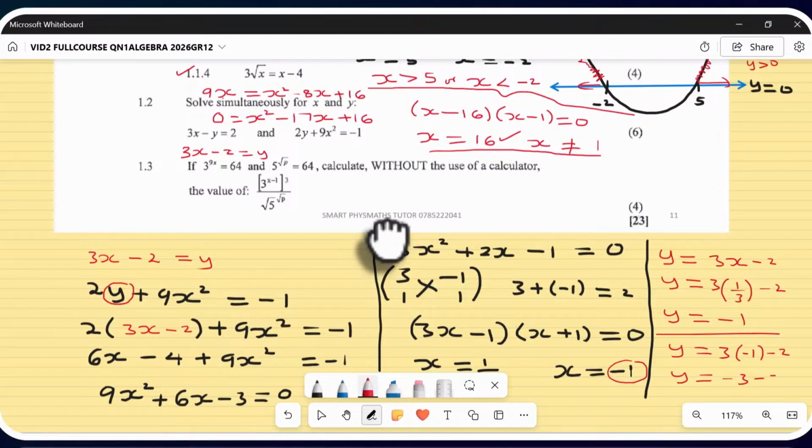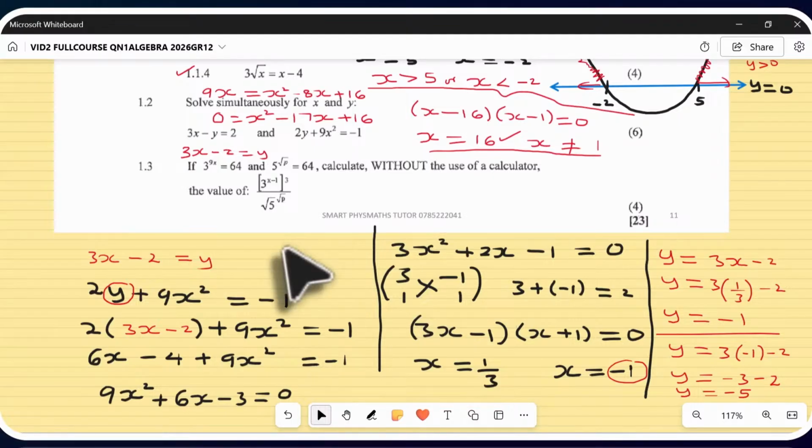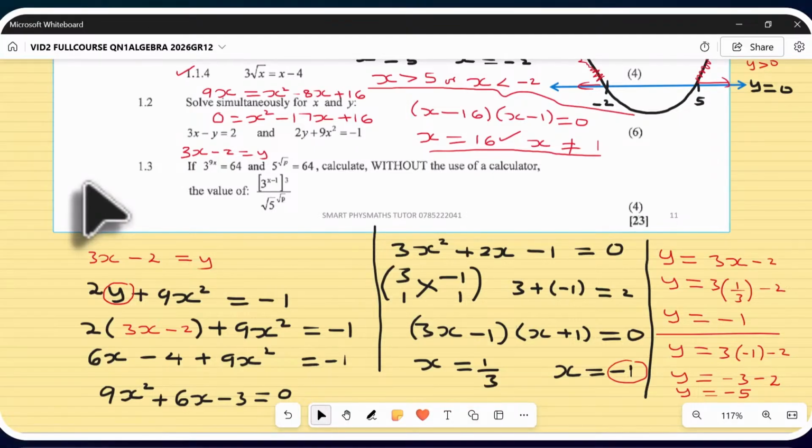We use the exponents and see what happens here. So the question says if 3 power 9x equals 64, and this 5 power root p equals 64, calculate without a calculator the value of this one here.